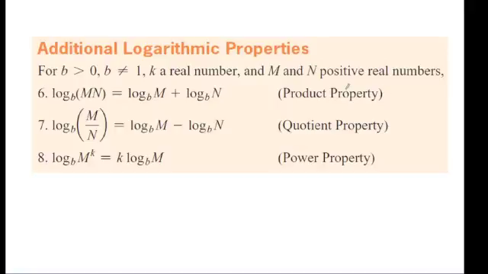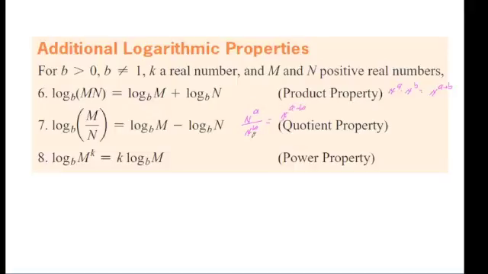And when you think about that, if we had x to the a times x to the b, it would be x to the a plus b. Remember that the logs are the exponents, so we treat them like the exponents and add them together. Log base b of m divided by n then is log base b of m minus log base b of n. Remember, if we had x to the a over x to the b, that would equal x to the a minus b.